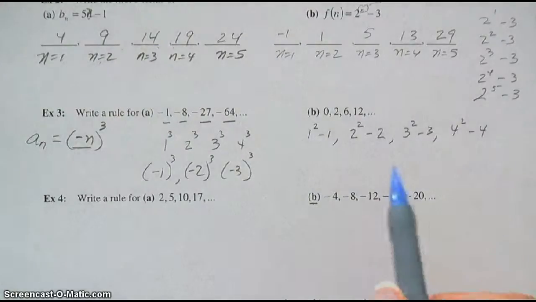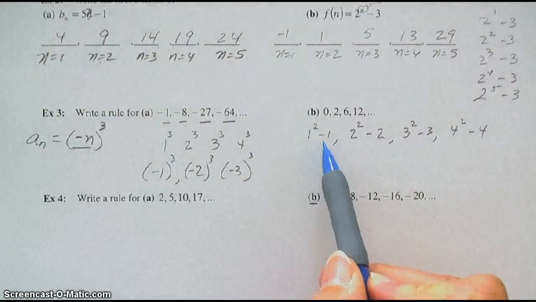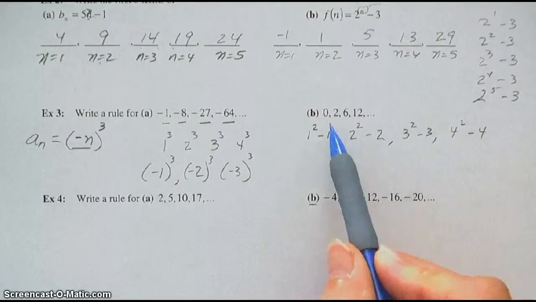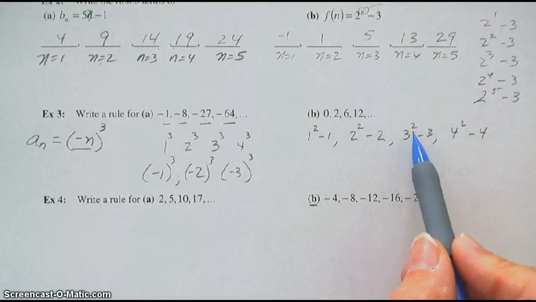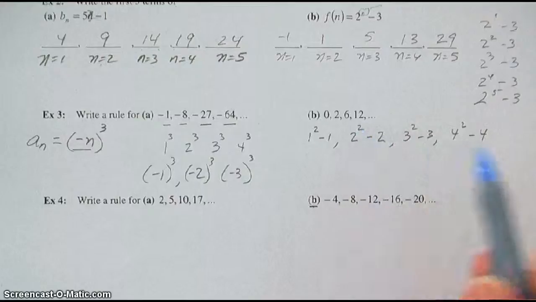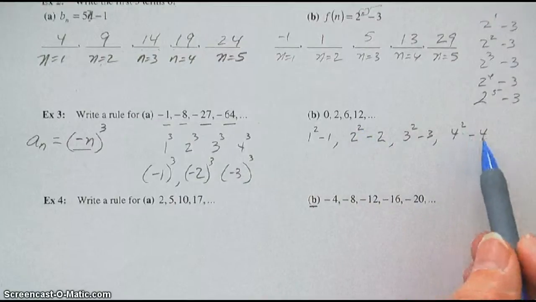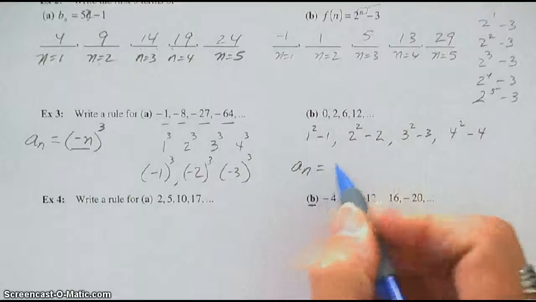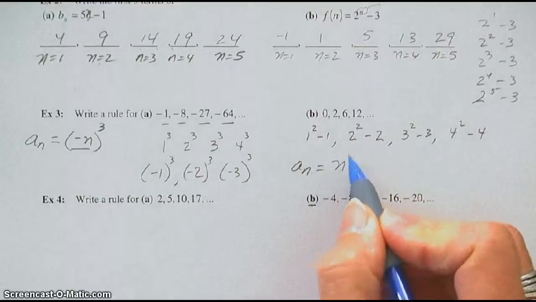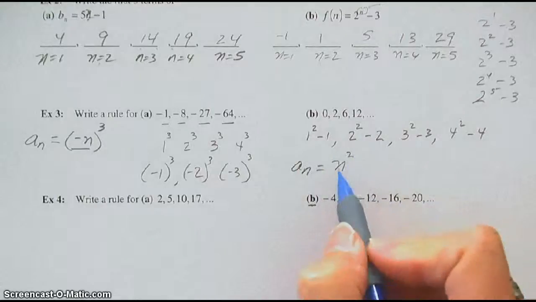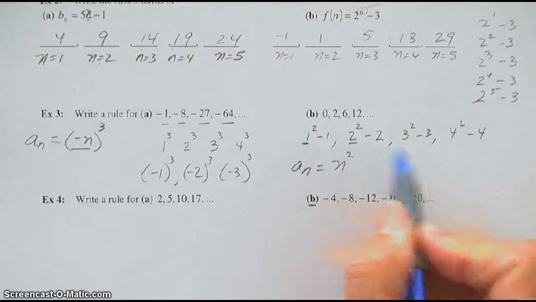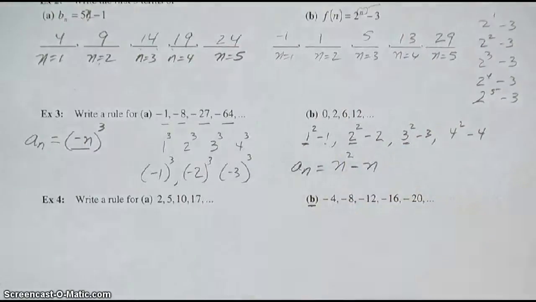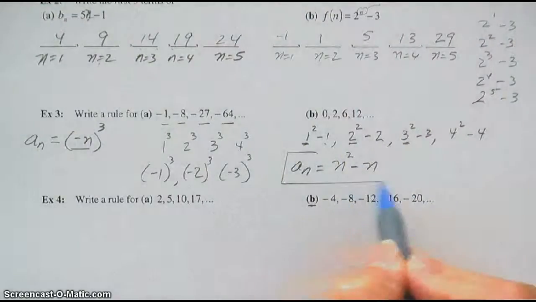So in letter B, I saw that 1 squared minus 1 is 0. 2 squared is 4, minus 2 is 2. 3 squared is 9, minus 3 is 6. 4 squared minus 4 is equal to 12. So how would I write that? I'd write n squared, because remember we're taking n equal 1, 2, 3, minus n would be my rule.